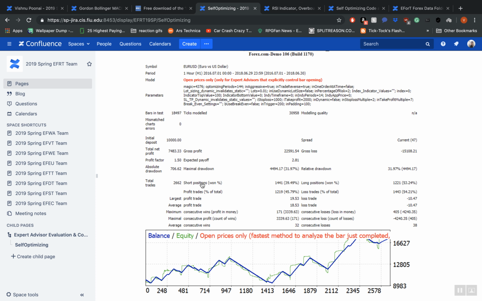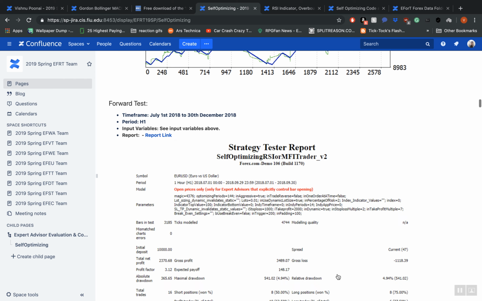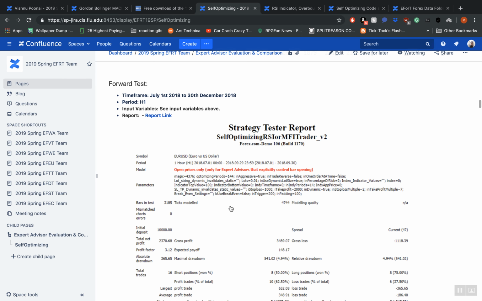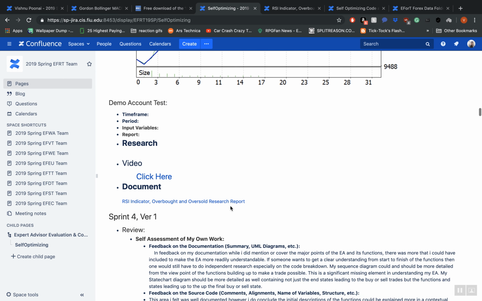I did have some profit and output. However, I do have an issue with the drawdown and general instability in the trades, so I recommend that one can do more optimization for this EA. Similar results for the forward test.